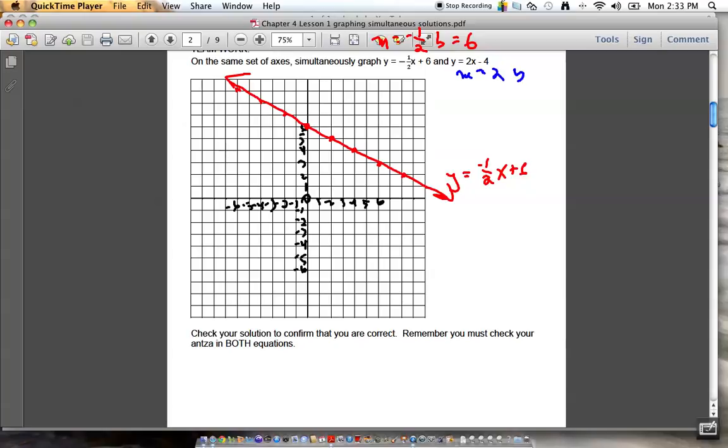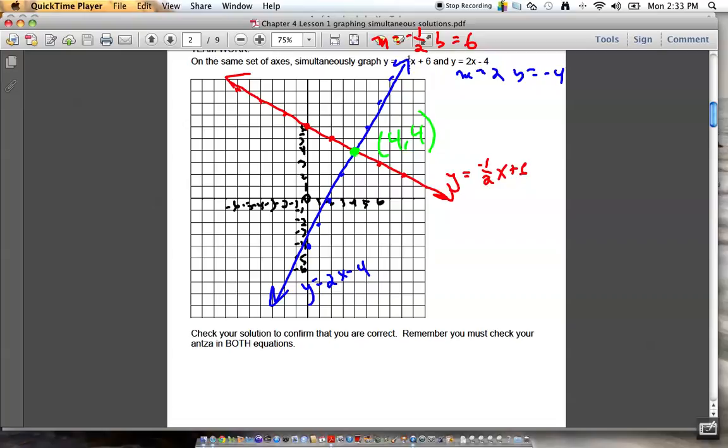Slope is 2, y-intercept is -4. So I begin at -4, up 2/1. I am now feeling comforted because I crossed at a perfect point. Y equals 2x minus 4. And I mark that point, which is the point 4, 4.